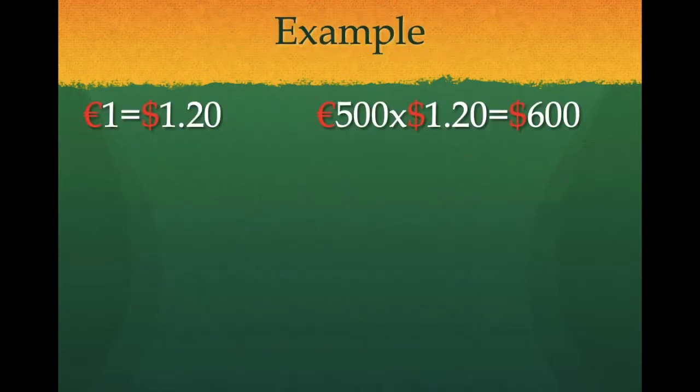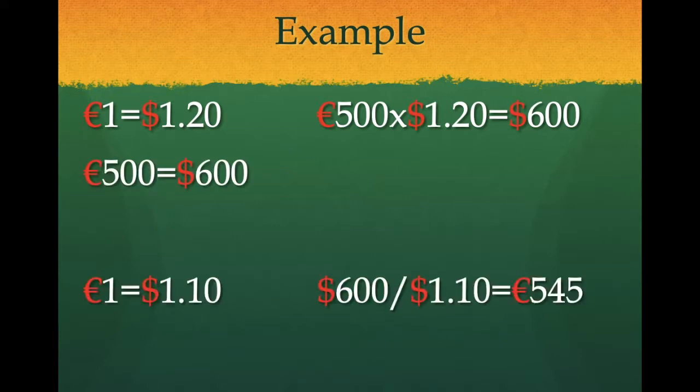All right, let's use the same exchange rate. So for every euro you have, you get $1.20. And again, let's say you have 500 euros and you exchange it into dollars, you get $600. All right. And then let's say the US dollar goes up.